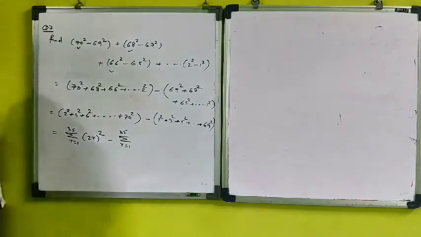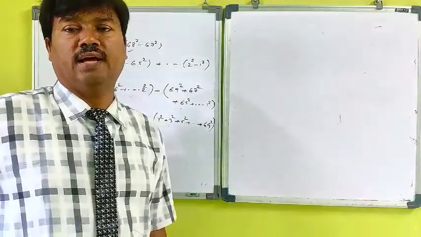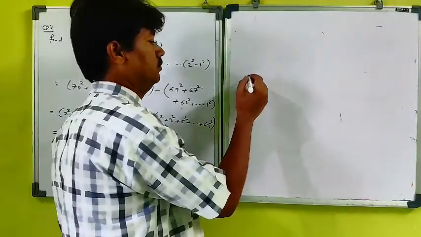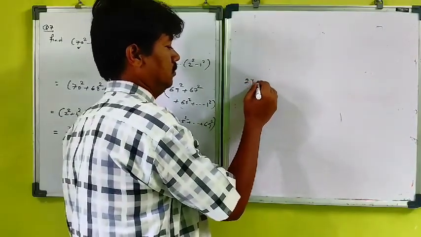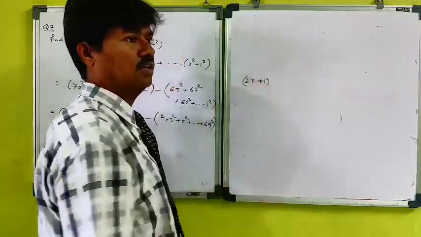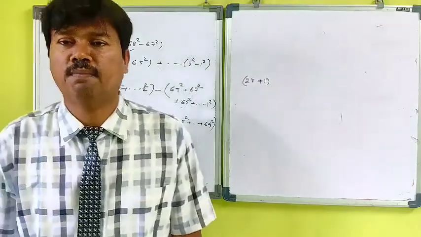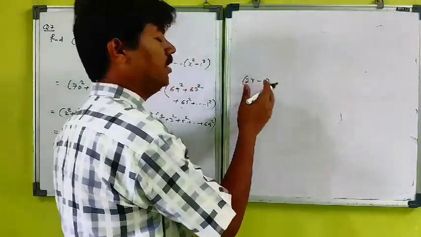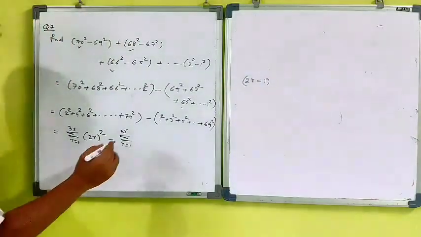When r is equal to 0, it is there, right. But when r is 1 in 2r plus 1, 3 will come. With 2r minus 1, when r is 1, it is 1.